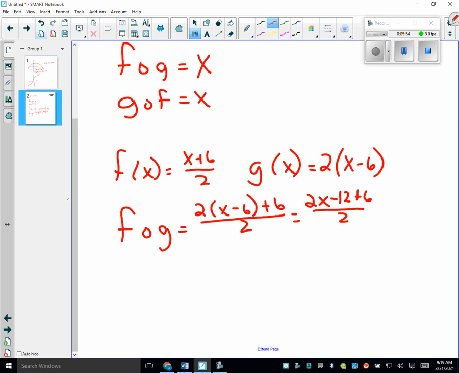What is that? Minus 3. It is not equal to x. So do I even need to do g of f? No. So I know right now I'm done. So the answer to this was no.